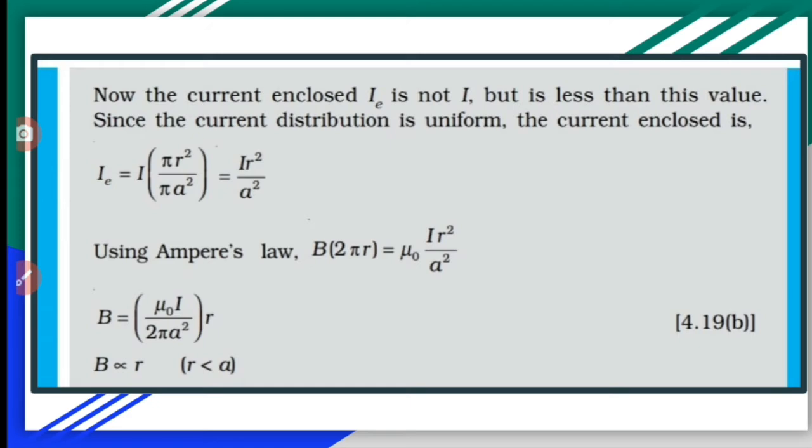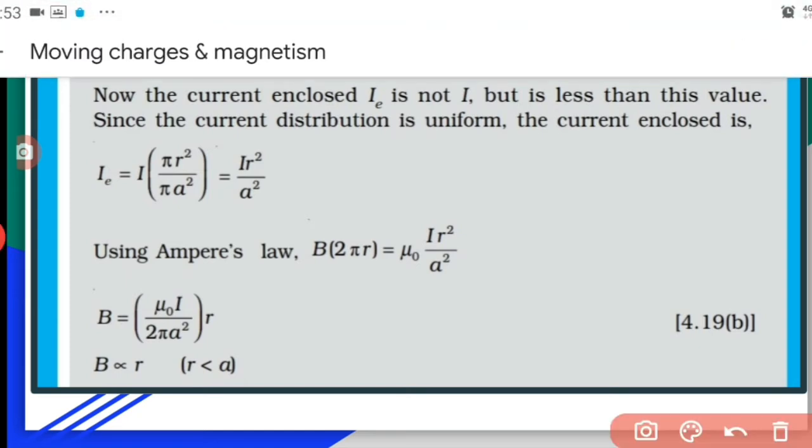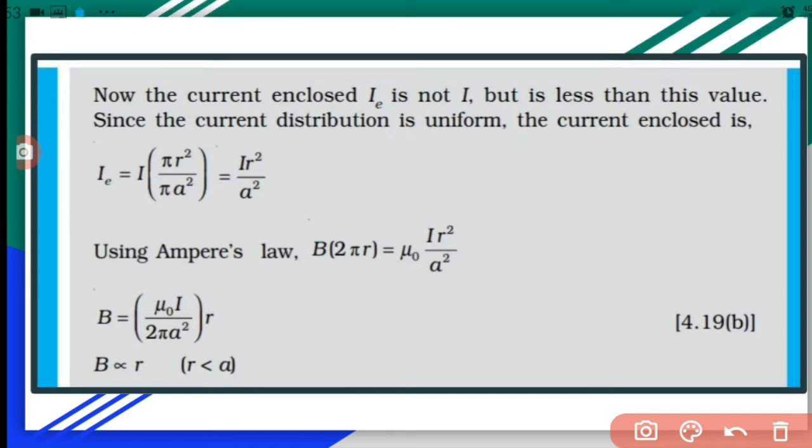We know the radius of the wire is A, so the area is pi A square. So current per unit area is I divided by pi A square.